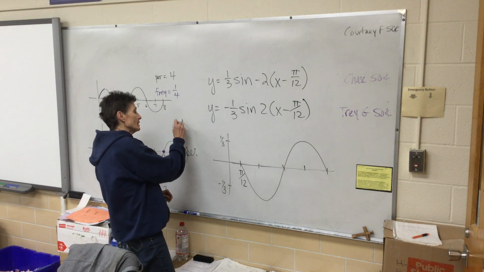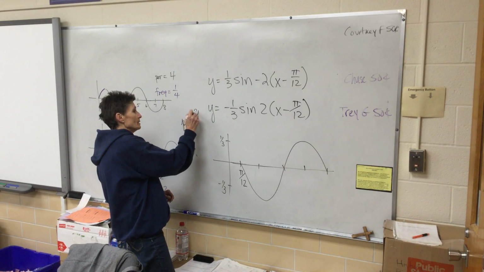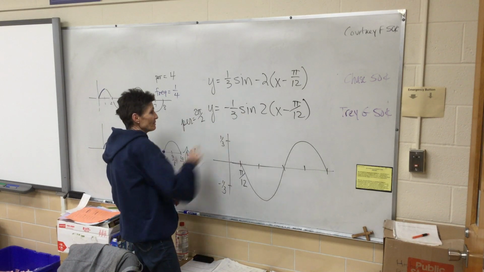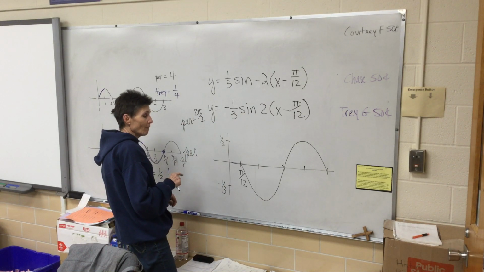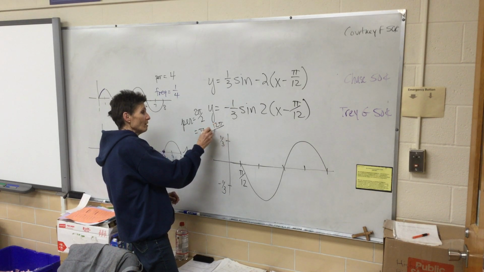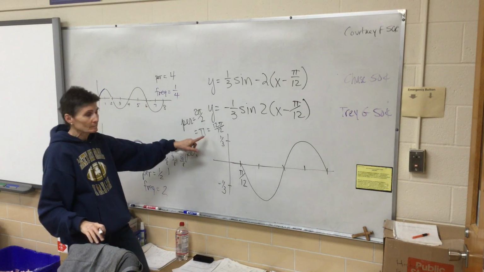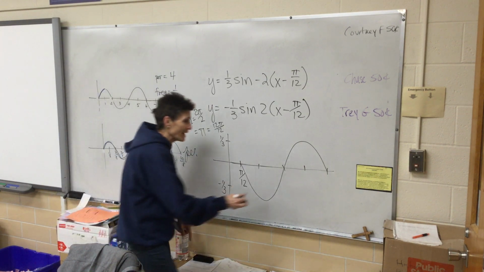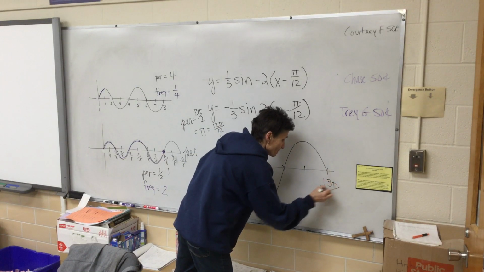My period for a sine is supposed to be 2 pi, but it's been divided by 2. So my period is pi, which is 12 twelfths. 1 pi, 12 twelfths. So I'm going to end at 13 twelfths.